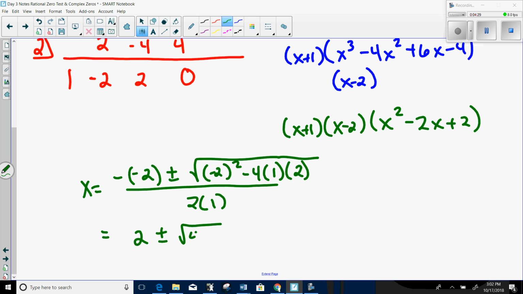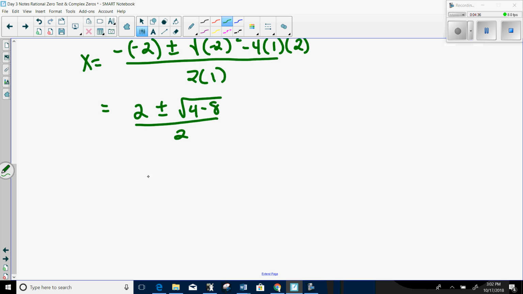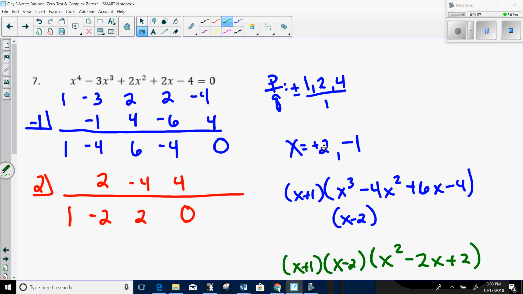That's going to become 4 minus 8 over 2, which becomes 2 plus or minus the square root of -4, which is 2i, over 2. Both numerator terms have a 2, and the denominator has a 2, so you can reduce that to become 1 plus or minus i. That gives me my 2 additional answers: 1 plus or minus i.